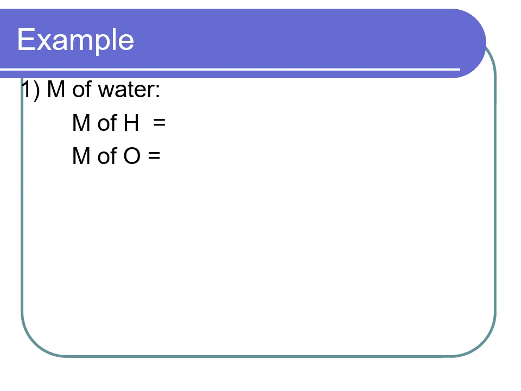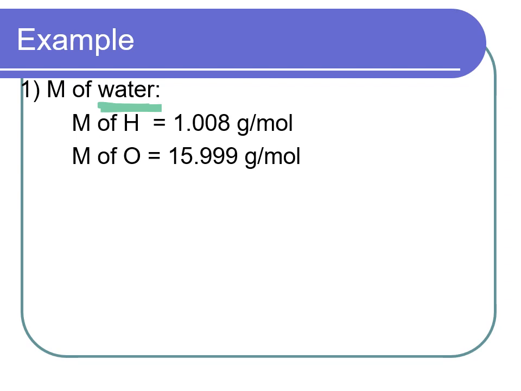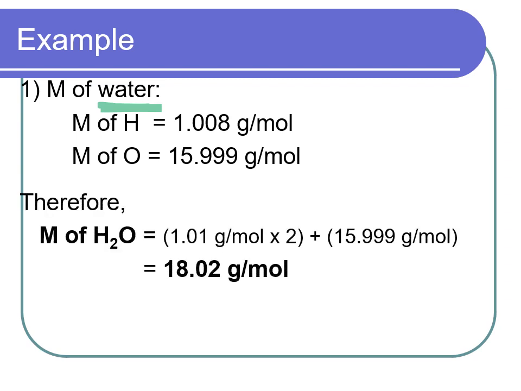So water, we've got the formula for water. You know there's 2 hydrogens, there's 1 oxygen. So if you want to know the molar mass of water itself, you've got to take the molar mass of hydrogen, you've got to double it, add the molar mass of oxygen, and you should end up with 18.02 grams per mole as the molar mass of water. Therefore, if you wanted a mole of water, you could weigh out 18.02 grams of it.